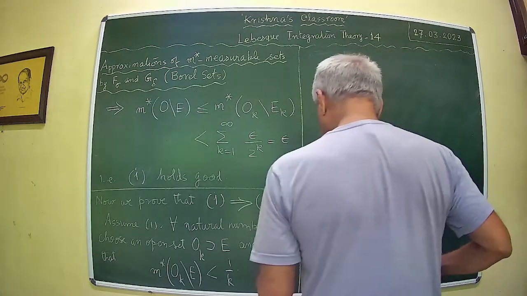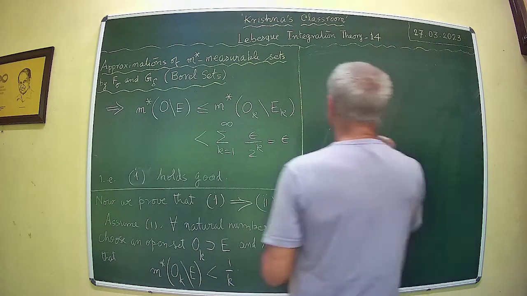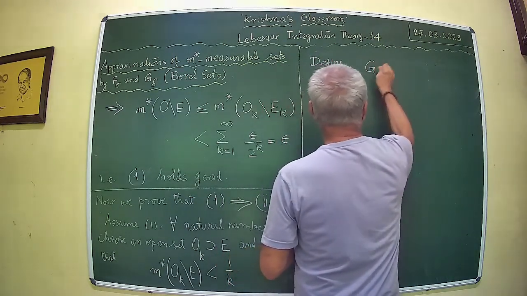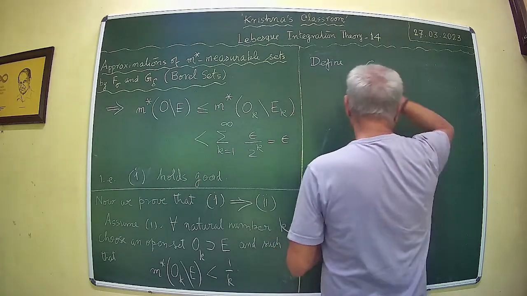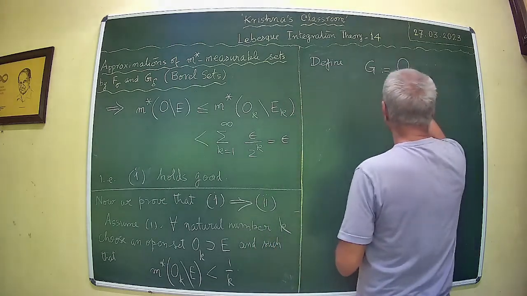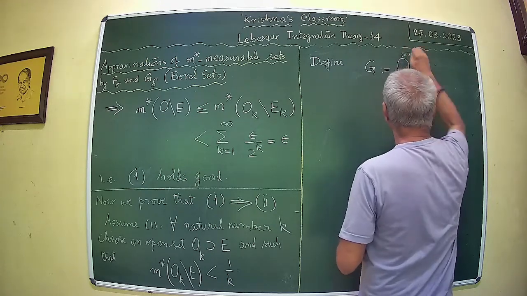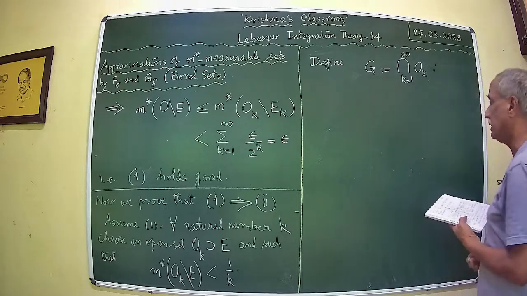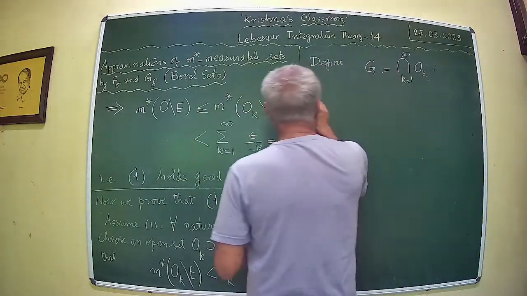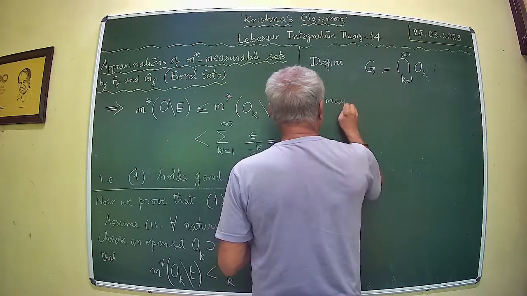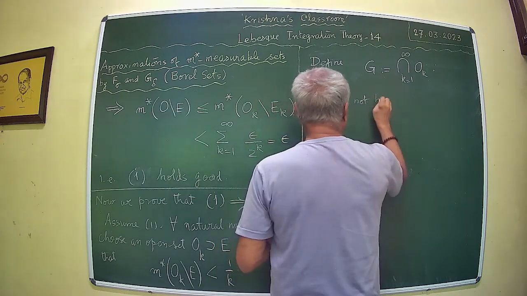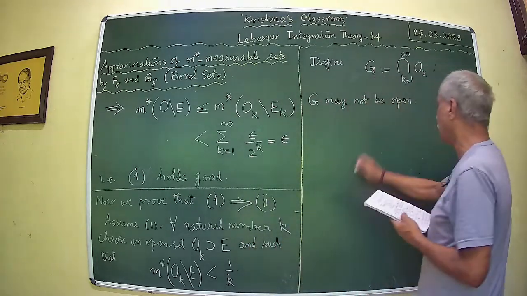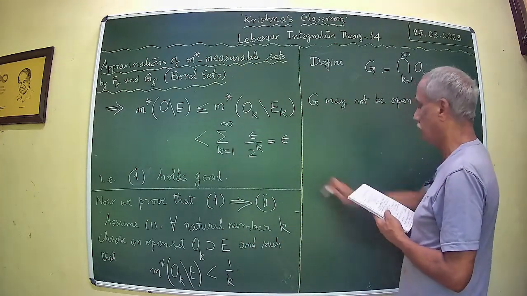Now what one does is the following. Define G to be equal to the intersection of the O_K. Now G may not be open, right?